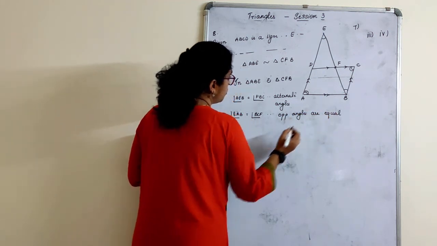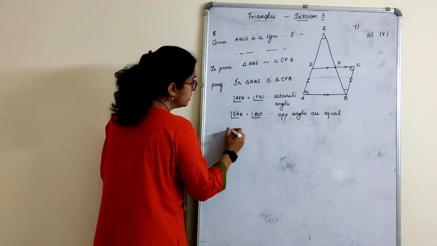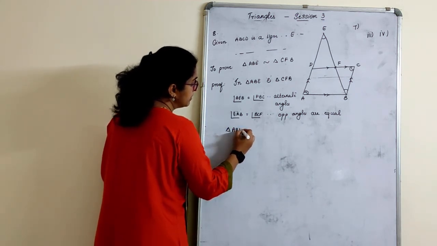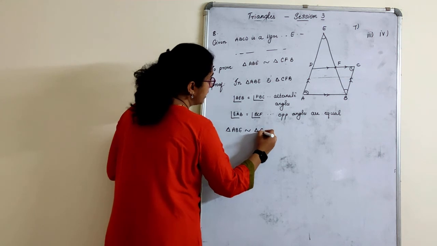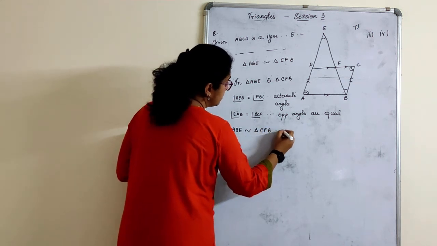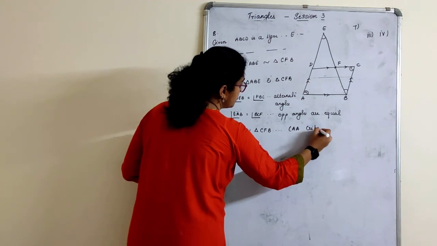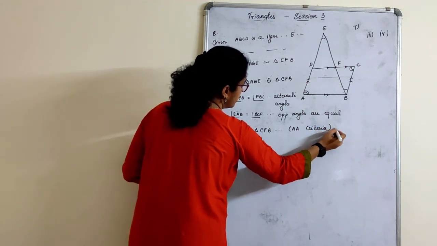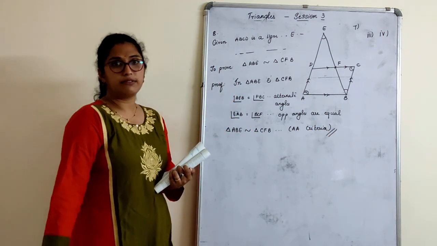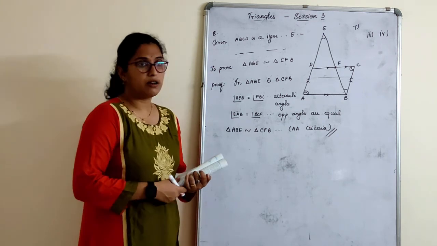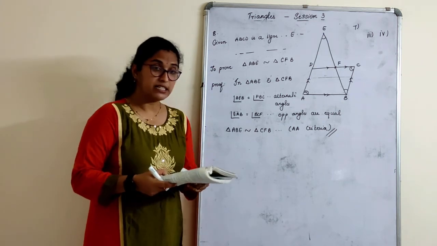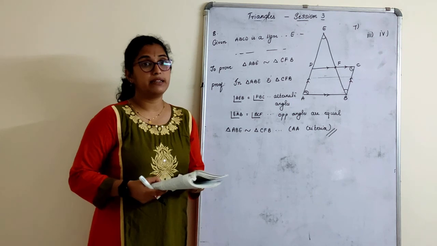Properties of a parallelogram you should know. Triangle ABE is similar to triangle CFB by double A criteria. Over. Two criteria, two angles, if you find, you can prove that the triangles are similar. This is how you do it. So we completed 8 sums. The remaining 8 sums will be done in the next session.